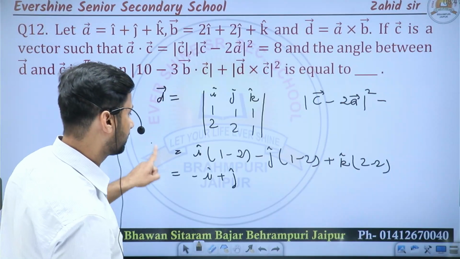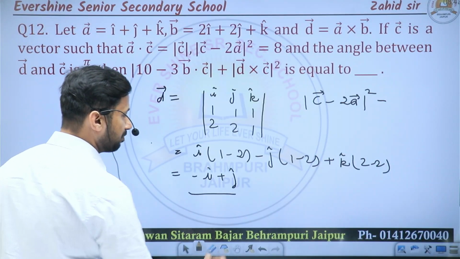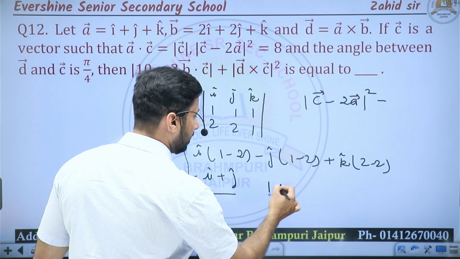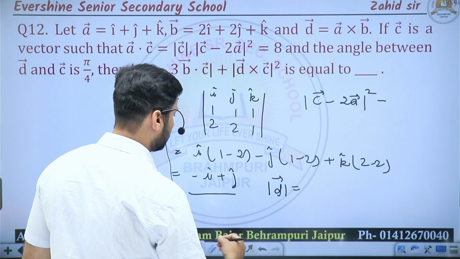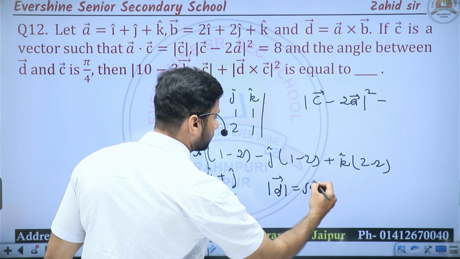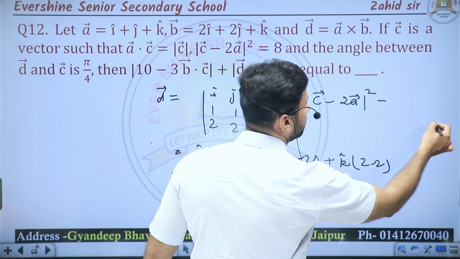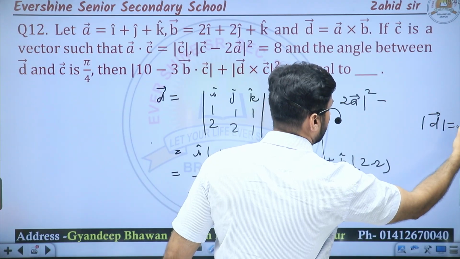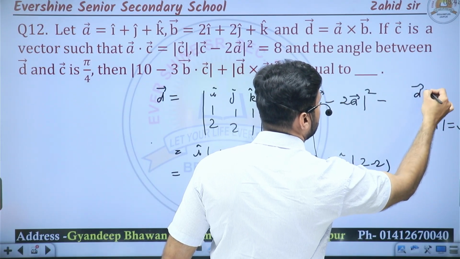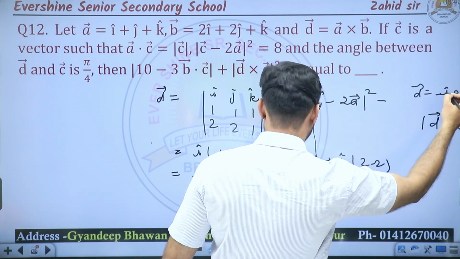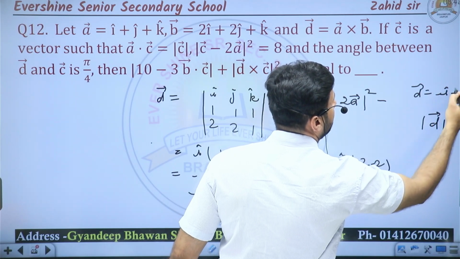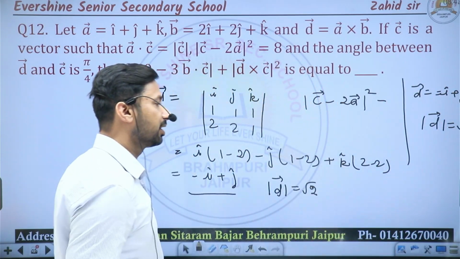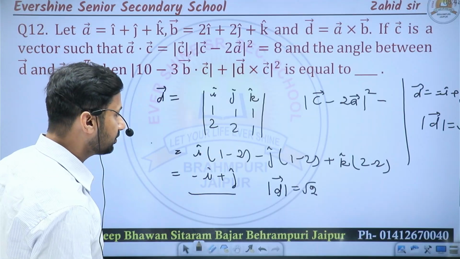Yes beta, here is D. So D is minus I cap plus J cap, so its magnitude will be equal to root 2. I can write here: magnitude of D is root 2 and vector D is minus I cap plus J cap. I'll use this value.